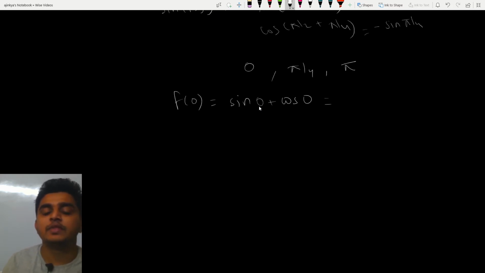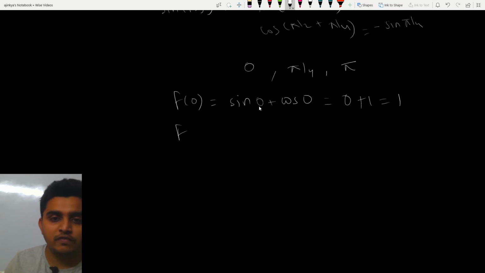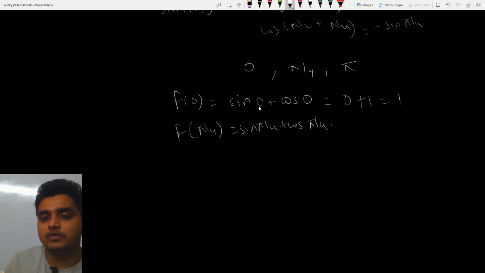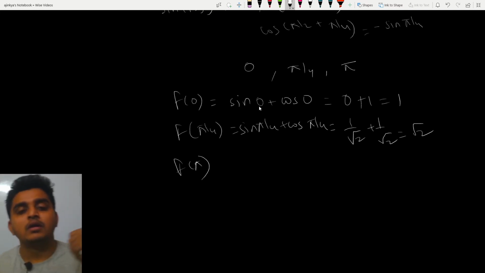Sine of 0 is 0 obviously, and cos of 0 is 1. So this value is 1. Now you have f of pi by 4, which is sine of pi by 4 plus cos of pi by 4, which is going to give you 1 upon root 2 plus 1 upon root 2, which is going to be root 2.